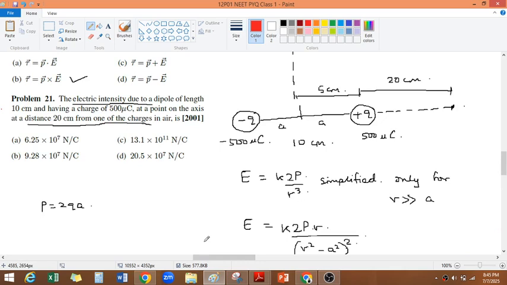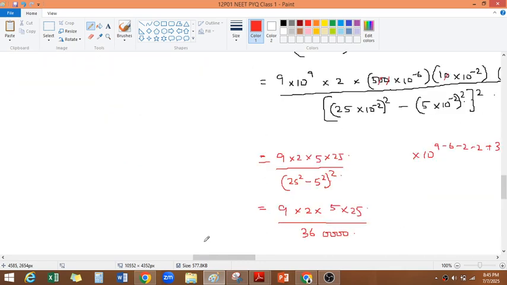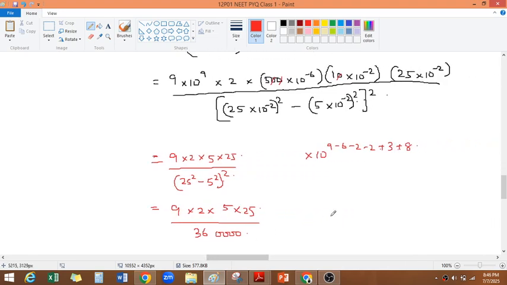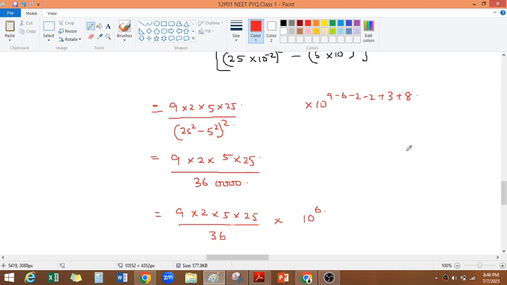How come 6.25 is there? 10 power 7 it's coming. Mistakes in 10 power: 3 minus 4, 3 minus 4 is minus 1. Minus 1, 11.